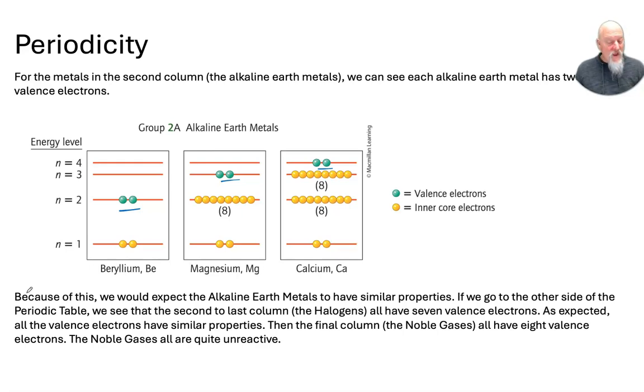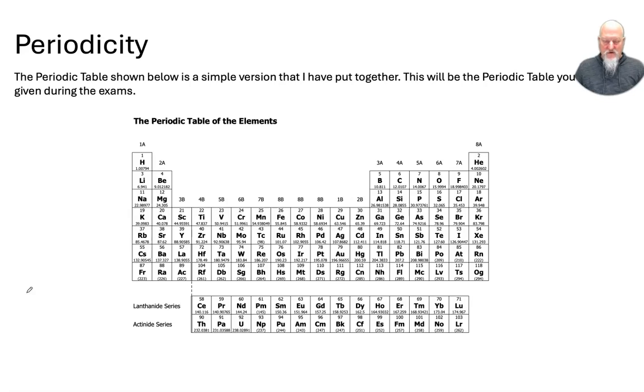Okay. If we go farther and we go to the halogens, which are the second to last group or column in the periodic table, those are going to be the very reactive nonmetals, and each of those are going to have 7 valence electrons.